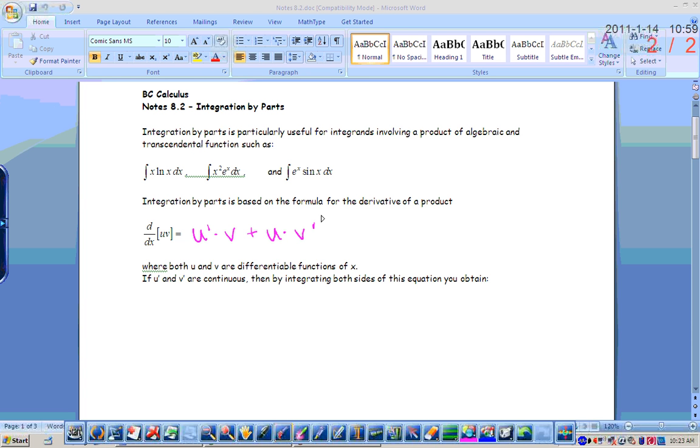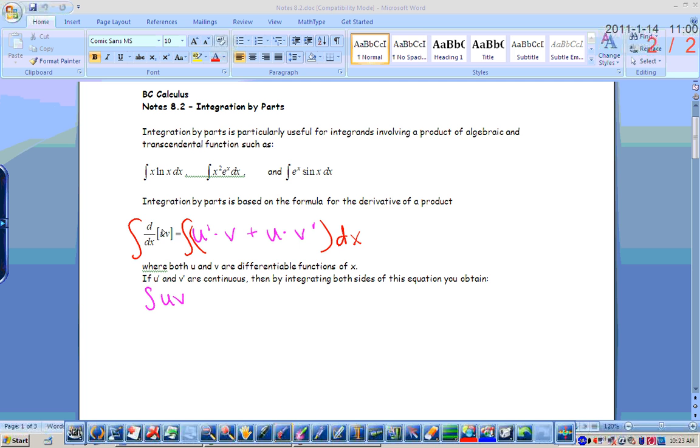Okay, now we're going to turn right back around and integrate both sides of that equation, because whatever you do to one side, you can do to the other. So I'm going to integrate both sides.